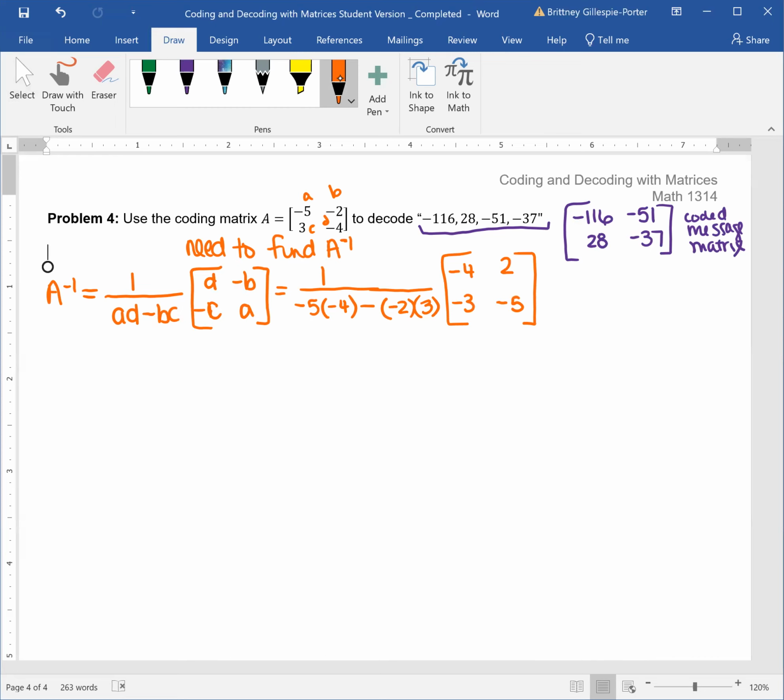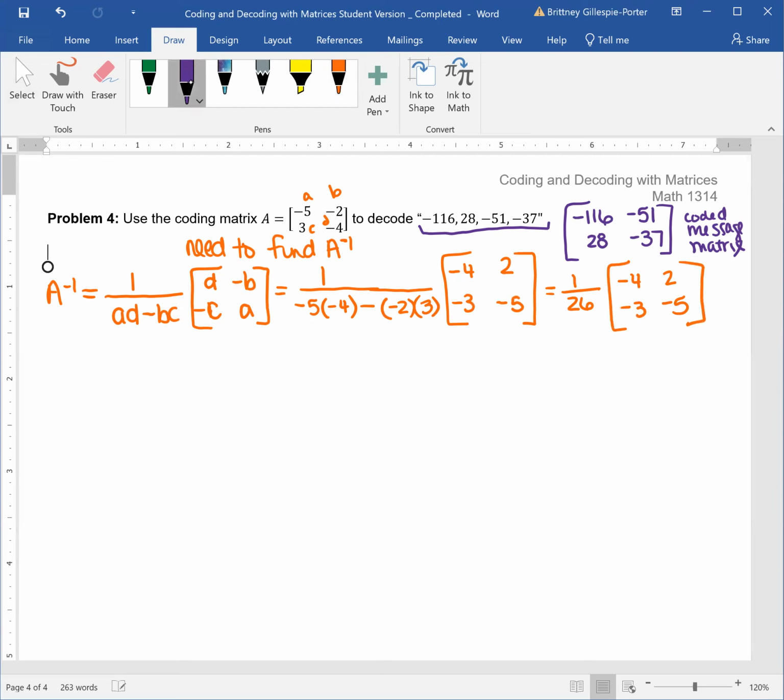Plug in this fractional part in your calculator or do the mental math. You should get 20 plus 6, which means we're looking at 1 all over 26 times our crazy matrix.